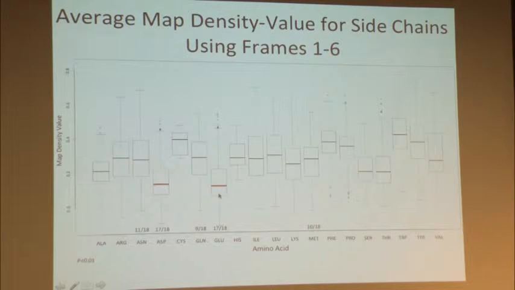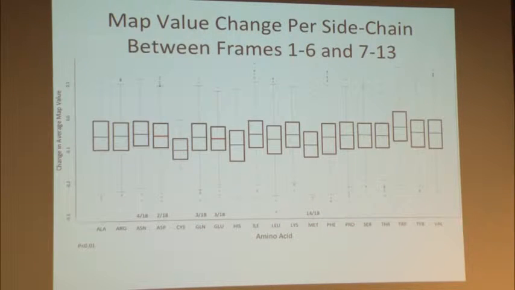Now, since we can take multiple frames from the same specimen area, we can also generate a map from frame number 7 to frame number 12, where the specimen has been subject to more radiation damage. The next slide shows the ratios, the changes of those density values from the first map, from the first 6 frames, to the map from the subsequent 6 frames.